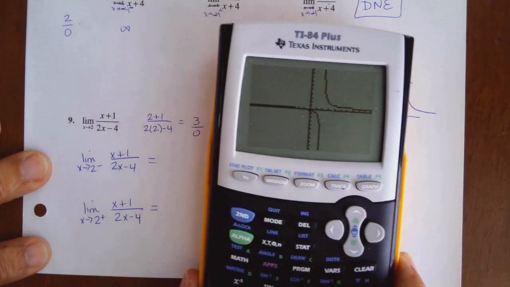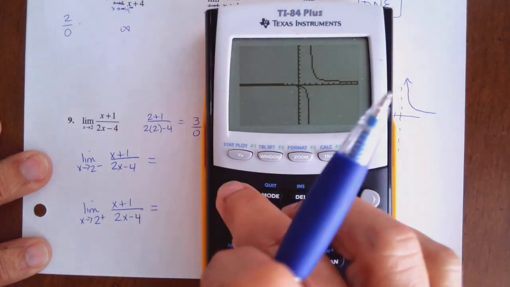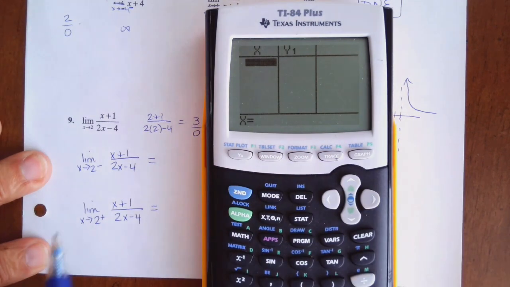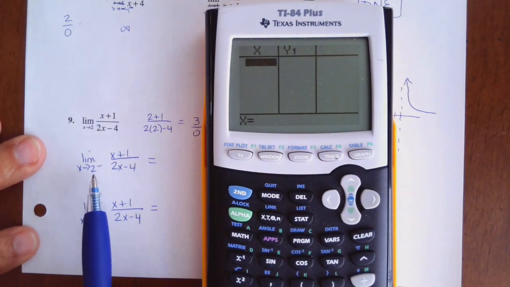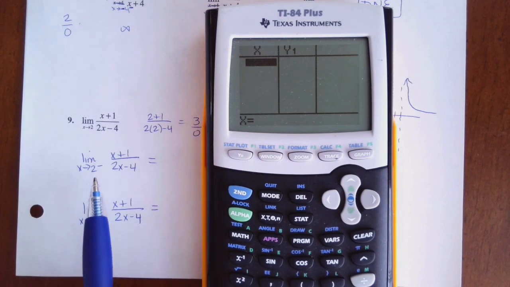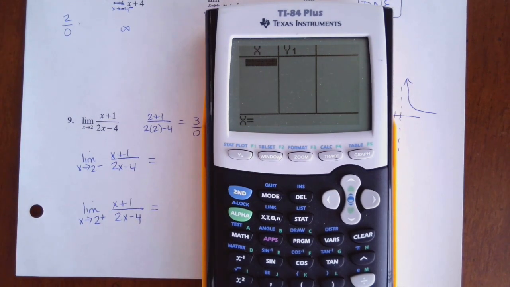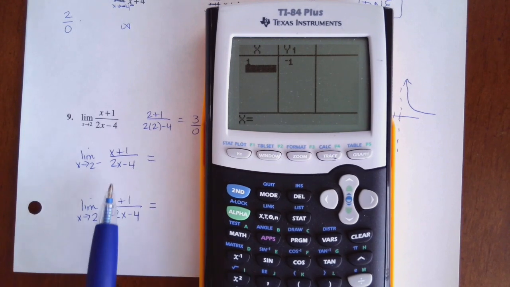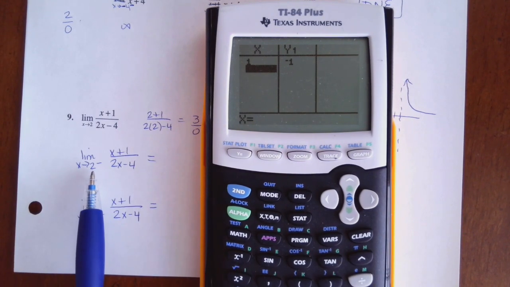All right, so let's go to the table and put in numbers that are approaching 2 from the left. If we're approaching 2 from the left, that's numbers smaller than 2. So I'm going to start with 1. I always start with the first whole number that's to the left of this number.